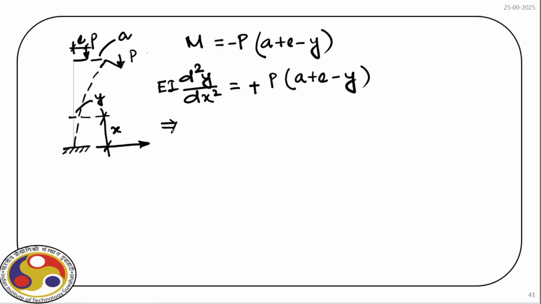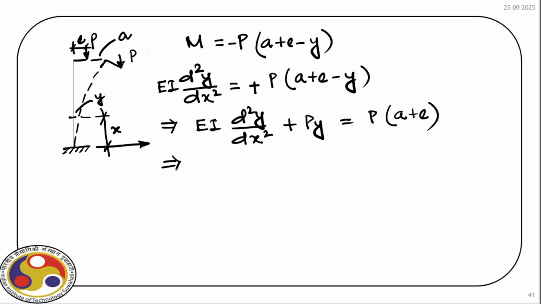Now if we further simplify, we have EI d2y dx2 plus P times y is equal to P times a plus e. Then we have d2y dx2 plus lambda square y is equal to lambda square times a plus e.